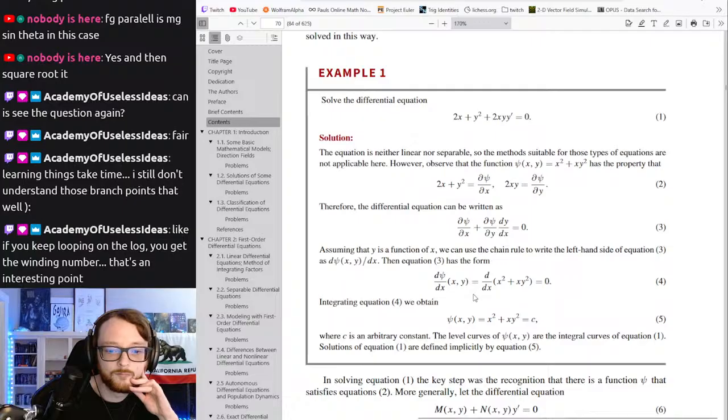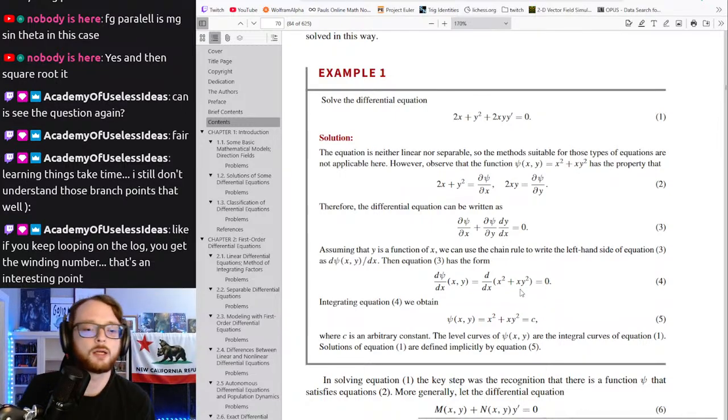Hmm. Wait, but is psi the answer to the question? Oh, okay. When psi equals a constant is the answer to the question. Why is that?